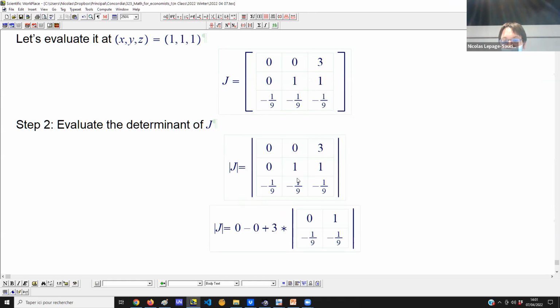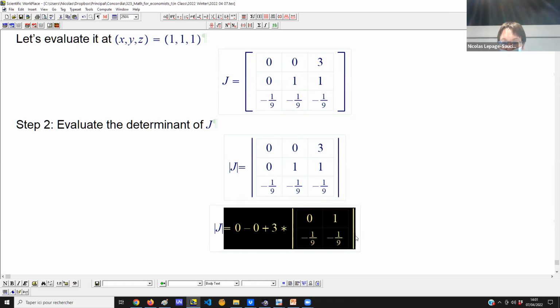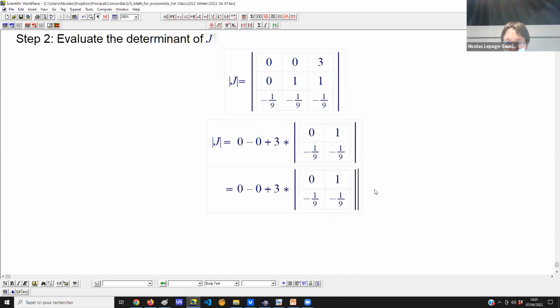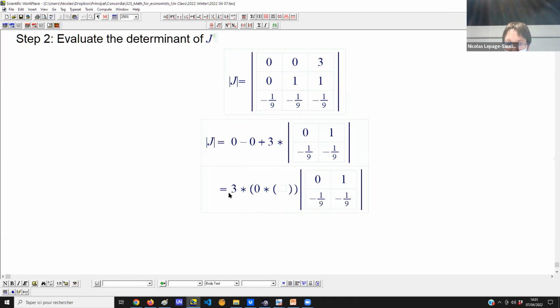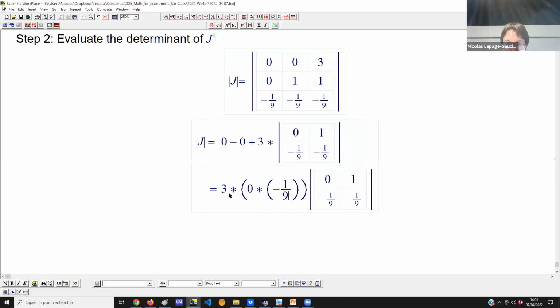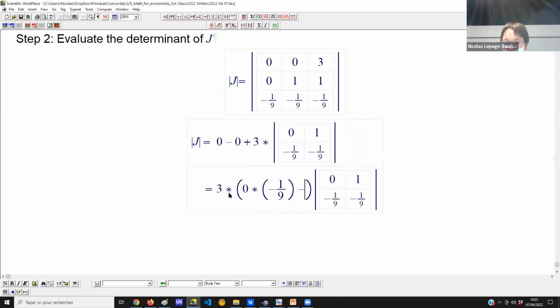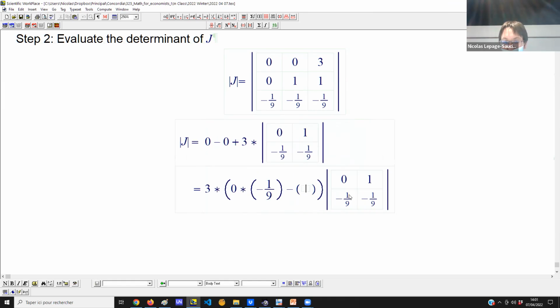I used 0 times the determinant of this, it's 0 times something, minus 0 times the determinant of these two, plus 3 times this determinant. And so this is minus 1/9.